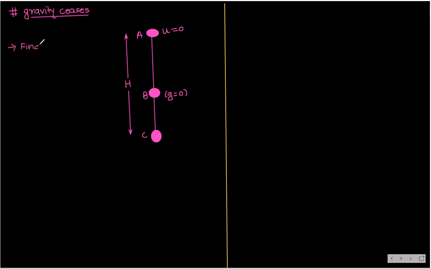Find the total time of flight if gravity ceases at point B. Okay, we have to find the total time of flight. So let's see now how to do this.